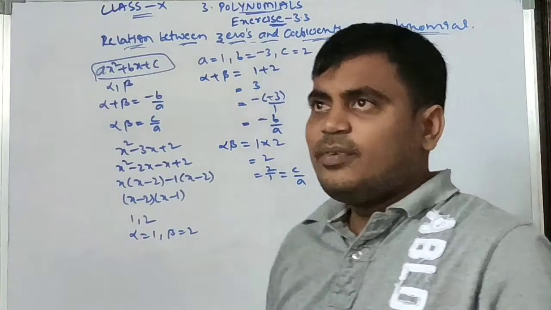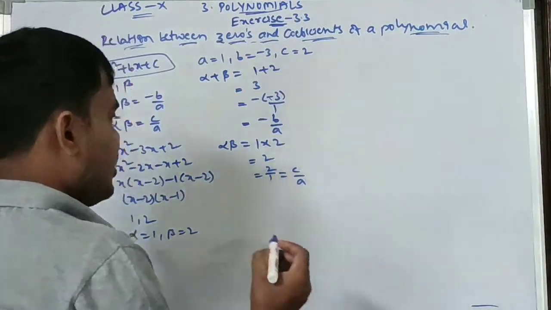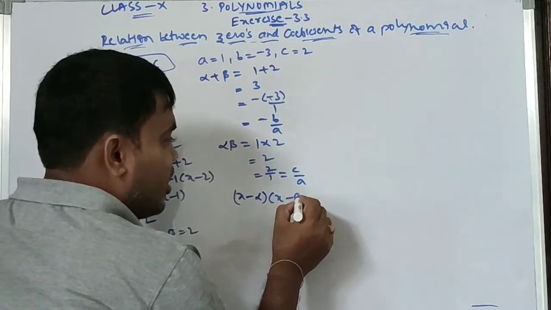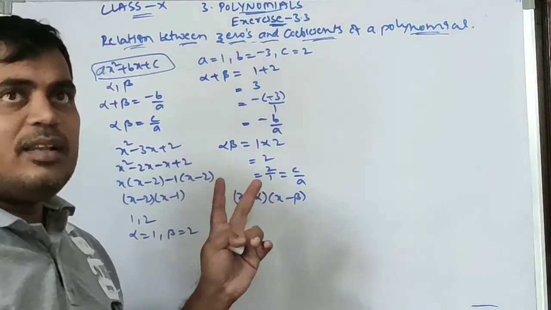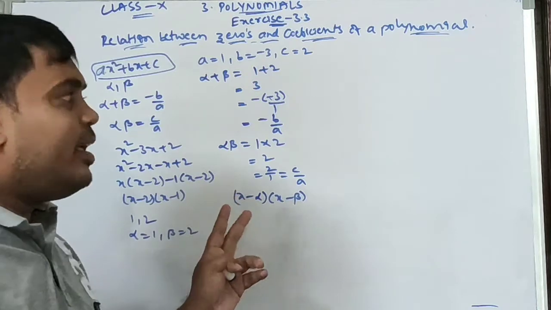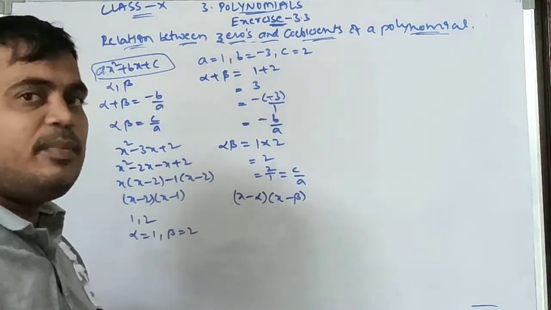And if alpha and beta, the two roots, are given, then the equation is x minus alpha into x minus beta equal to 0. If alpha and beta are the zeros of the polynomial, then the polynomial is x minus alpha into x minus beta.